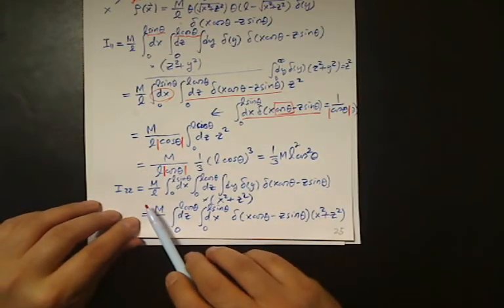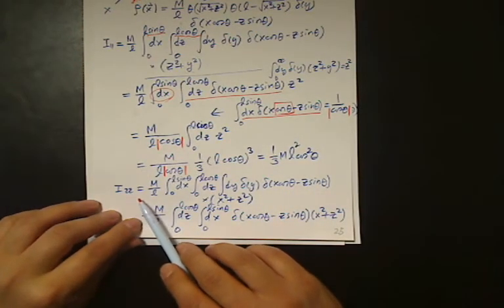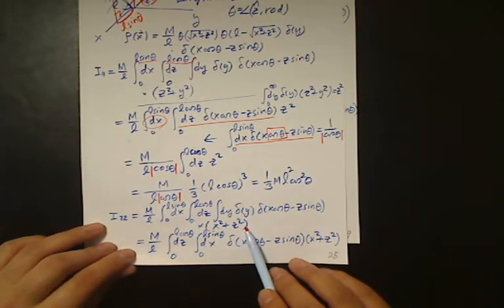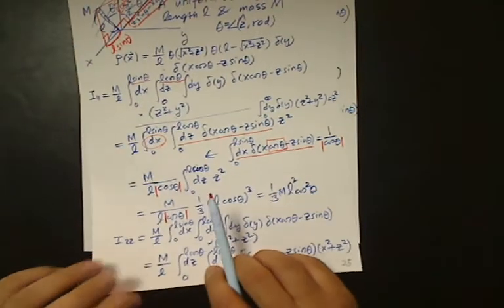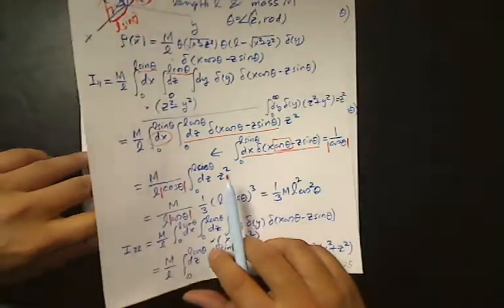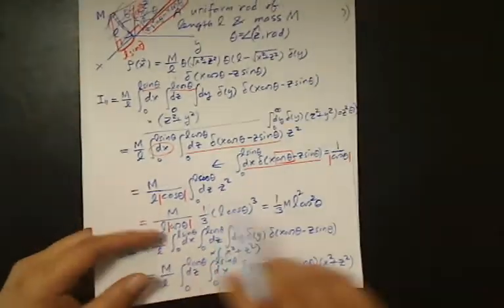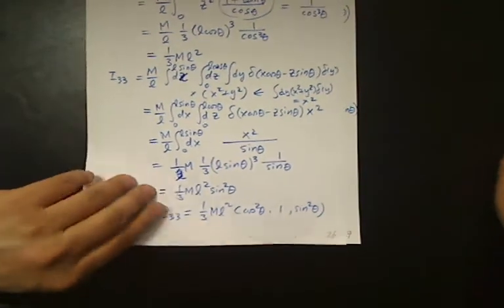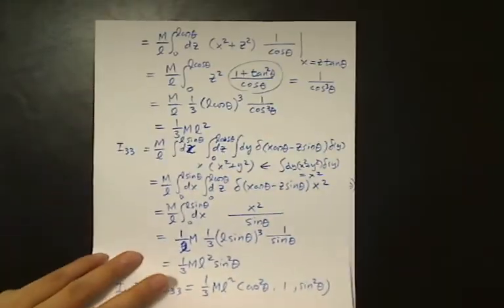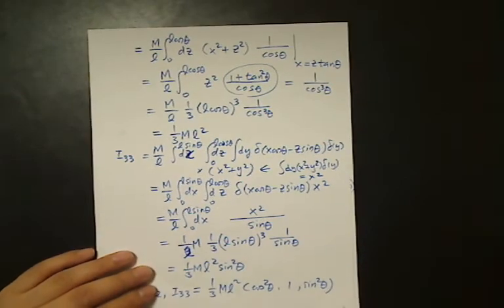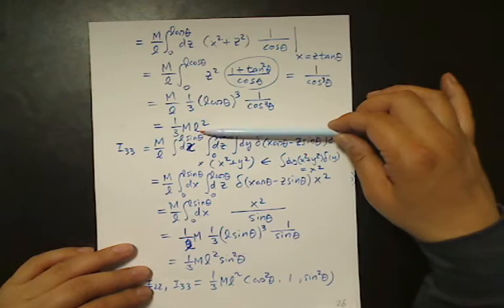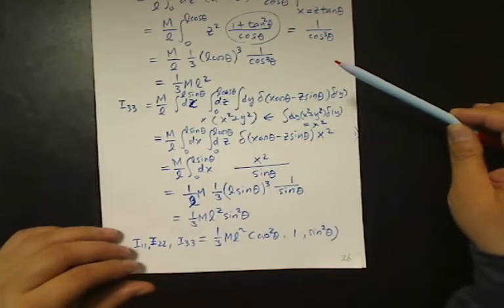In the calculation of this element, we have x squared plus z squared. In a similar manner, we can carry out the calculation for this element. Our final result will be 1/3 ml squared.